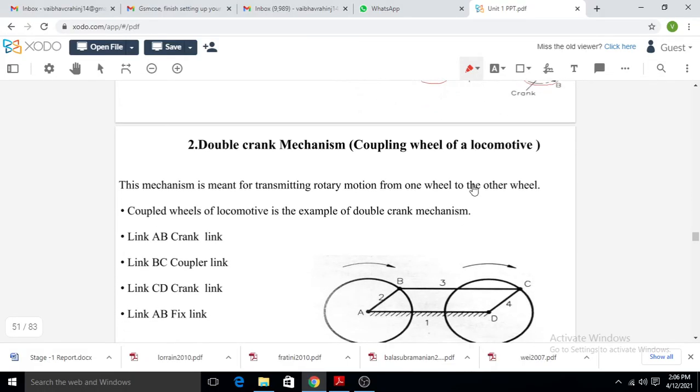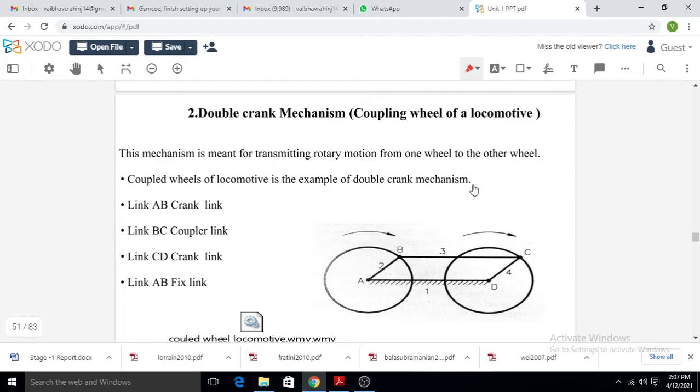Now the second inversion of the 4-bar chain mechanism is called the double crank mechanism, or coupling wheel of the locomotive. Here also there are link 1, link 2, link 3, link 4. It is a 4-bar chain mechanism, therefore it consists of 4 different links.